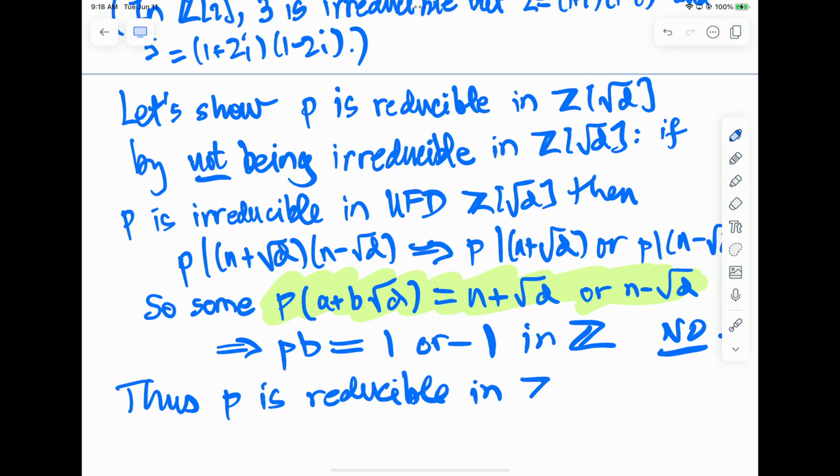So now we get to a subtle point. What does it mean to be reducible? Anybody who's looked at unique factorization or just algebra, terms reducible and irreducible in a domain when you're factoring things. What does reducible mean? You can factor it as a product of non-units.